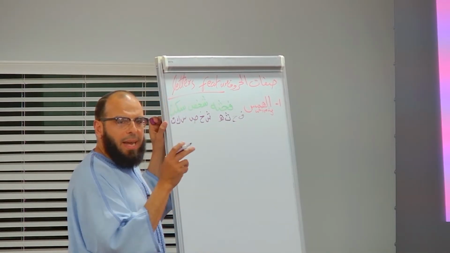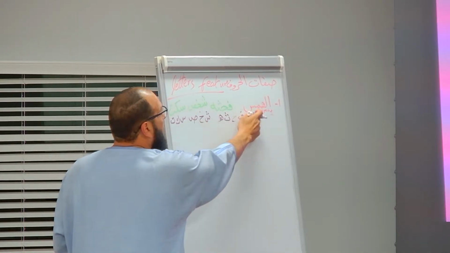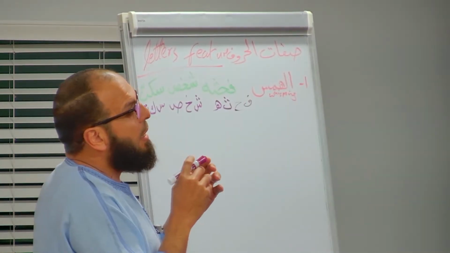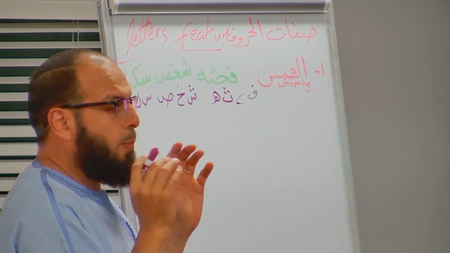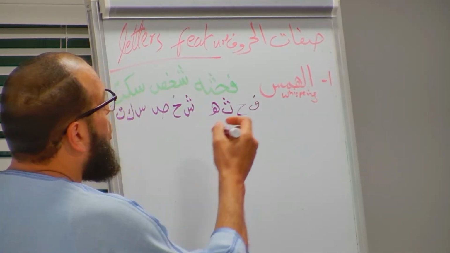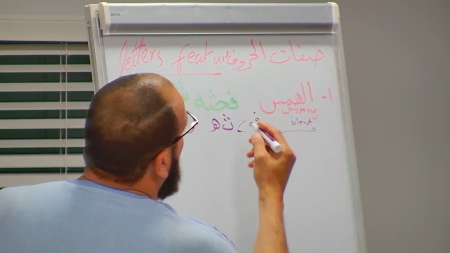Can everybody in the back see this? So this is the list of the letters that come with air. If there is no air associated with that, you're not saying it right, especially when it has sukoon. Pay attention to this. Especially when it is silent, the air that's coming is more.